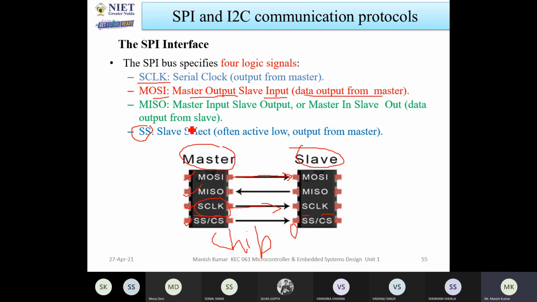MISO is master input slave output, or master in slave out. That is data out from the slave. If the slave wants to send data, it sends it on this pin, and the master will accept the data.